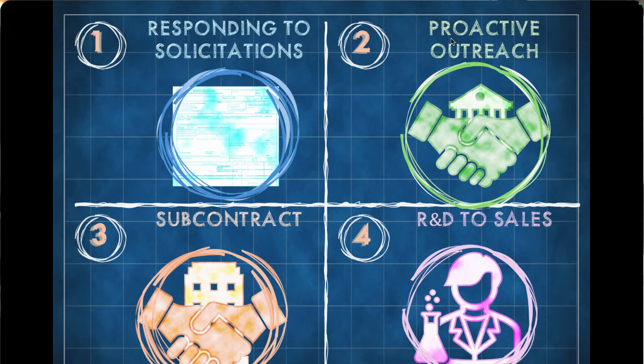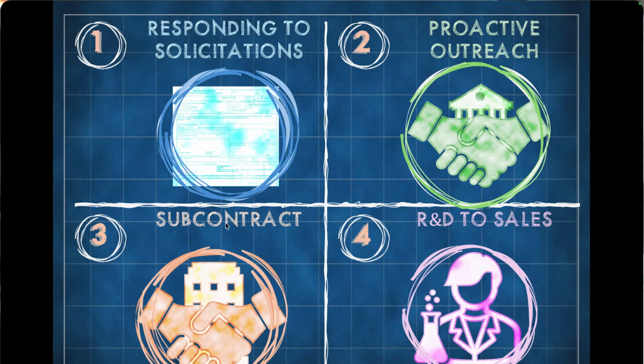Basically the idea here is that instead of waiting for the government to say, hey, we need blank, you're going to go build relationships with government types who could actually say, ooh, I didn't realize I needed what you're selling. I'm going to create a new solicitation that I hadn't really planned for, but that's going to address what you provide.